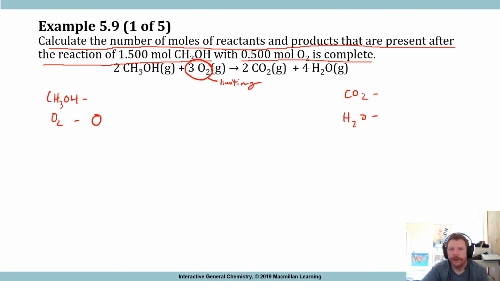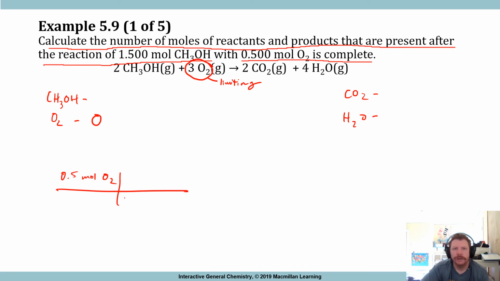Now, what I want to do after that is set up simple ratios, because I can say that O2 is my limiting reactant, so 0.5 mole of O2, and I want to find out how many moles of CO2 are produced.